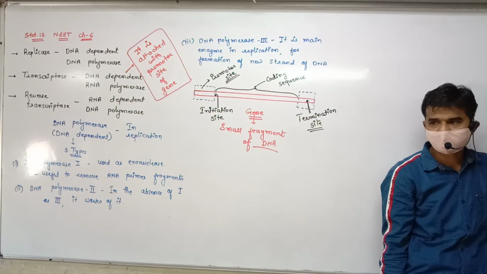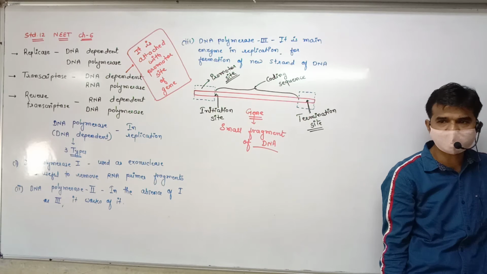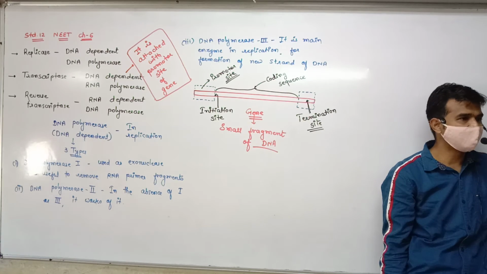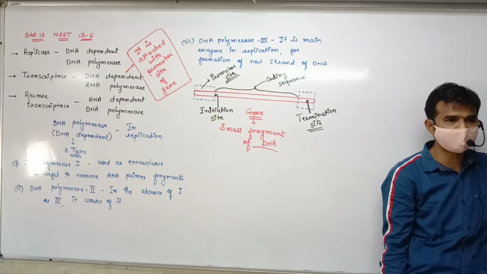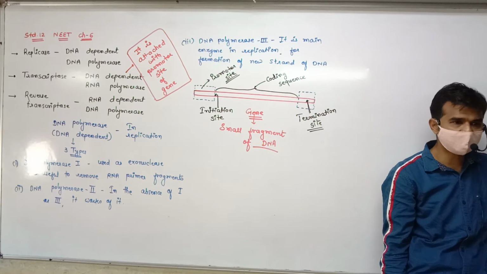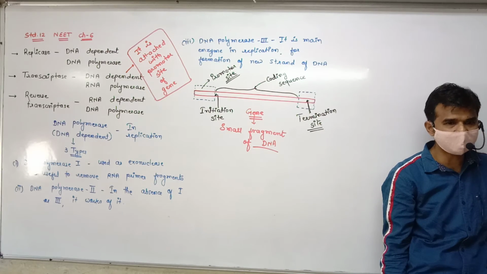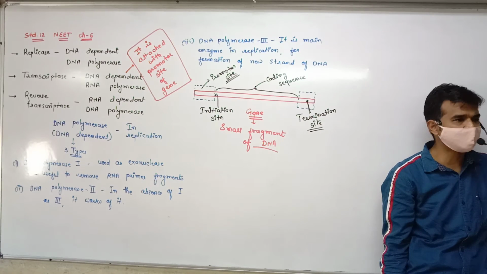So first of all, they found the radioactive heavy isotope with the DNA, and the DNA consists of the heavy isotope only. And you know that in cesium chloride, by the centrifugation method, we can identify the isotopes of it.